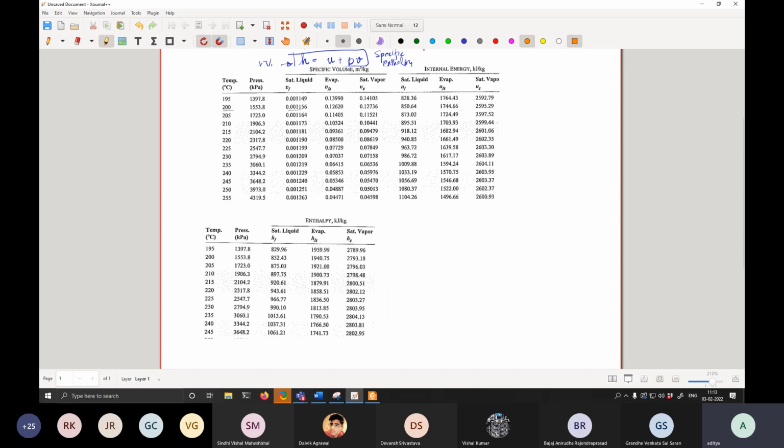Let's do the following. Let's do it at 200 degrees Celsius. Pressure is this. Internal energy of the liquid is this at 200, enthalpy of the liquid is this, and the specific volume of the liquid is this.